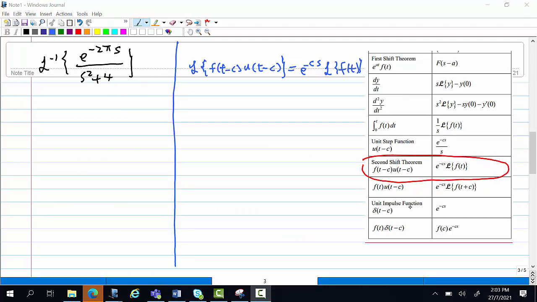Let's focus on this particular term, the inverse Laplace transform of e to the minus 2πs over s squared plus 4. From the second shift theorem, we know that f of t minus c times u of t minus c is equal to e to the minus cs times the Laplace transform of f(t).